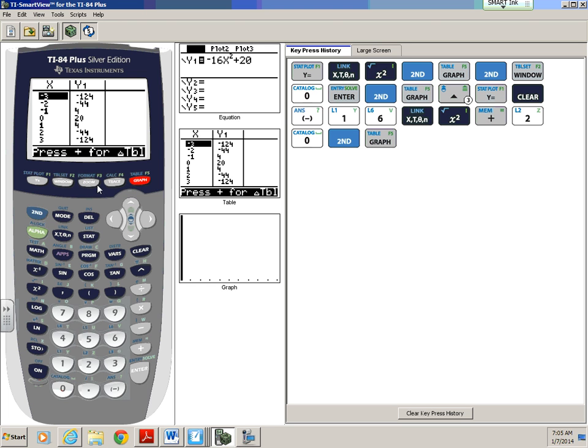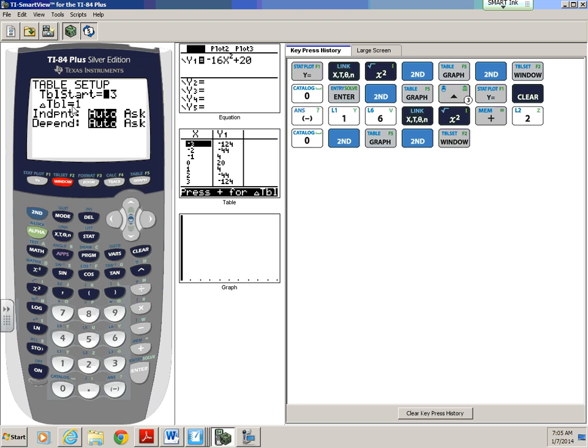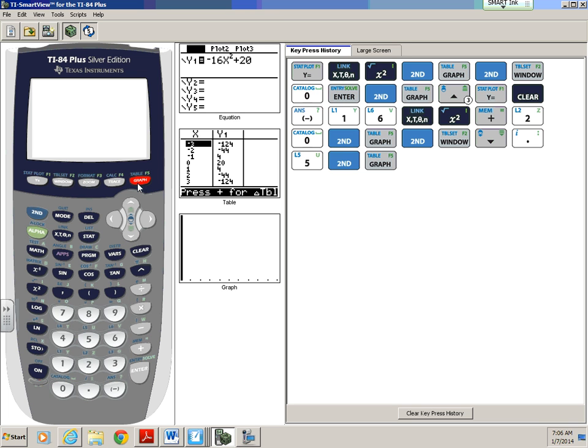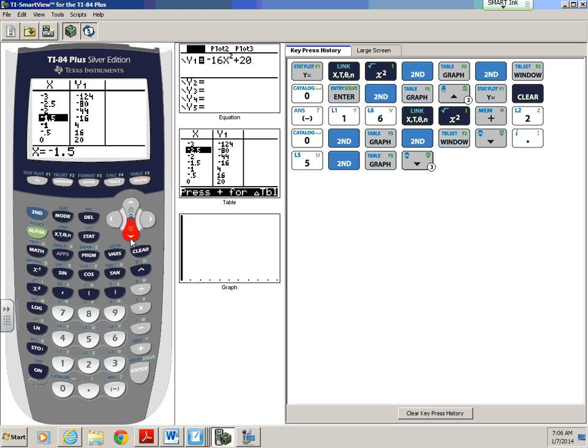Now, you're going to see that these numbers get very large very quickly. So I want to maybe not go up by integers of 1, but if you go to your change table here, I can make that go up by half. Okay? So now I go back to my table of values, and I can get a better idea of what happens.